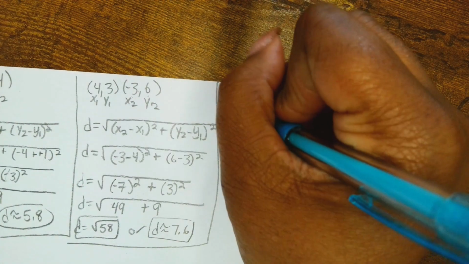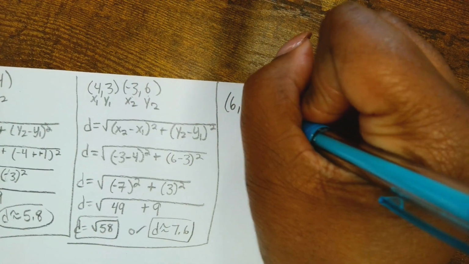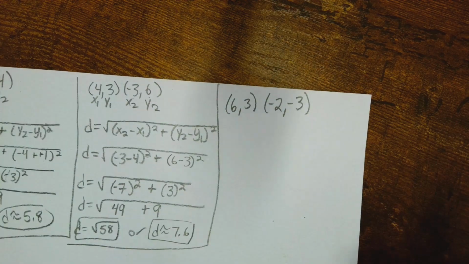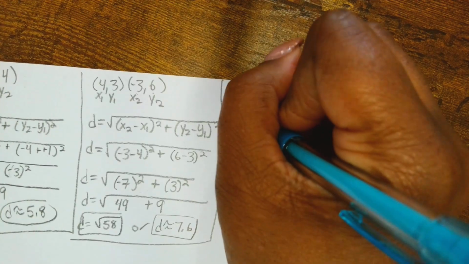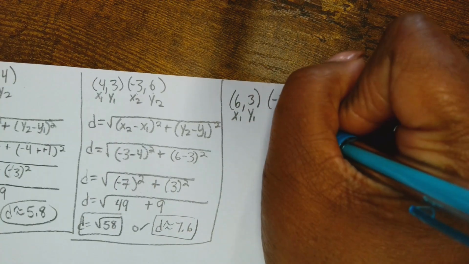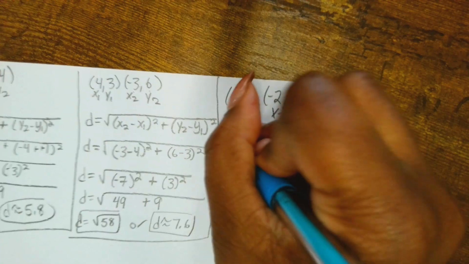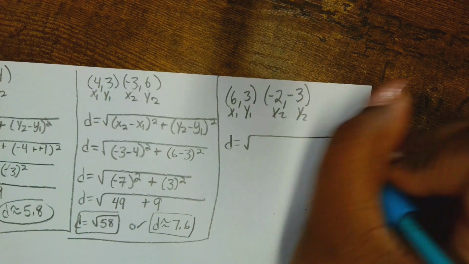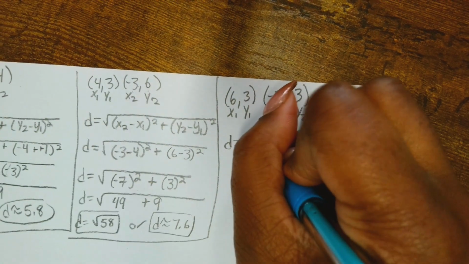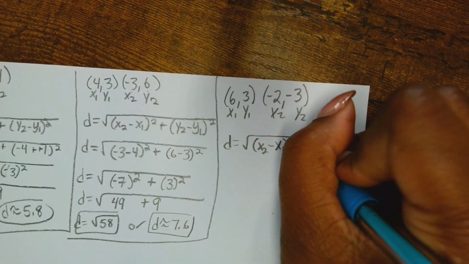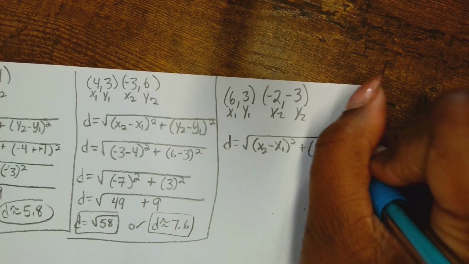So we got 6, comma 3, and -2, comma, -3. X1, Y1, X2, Y2. D is equal to the square root of X2 minus X1 squared, plus Y2 minus Y1 squared.